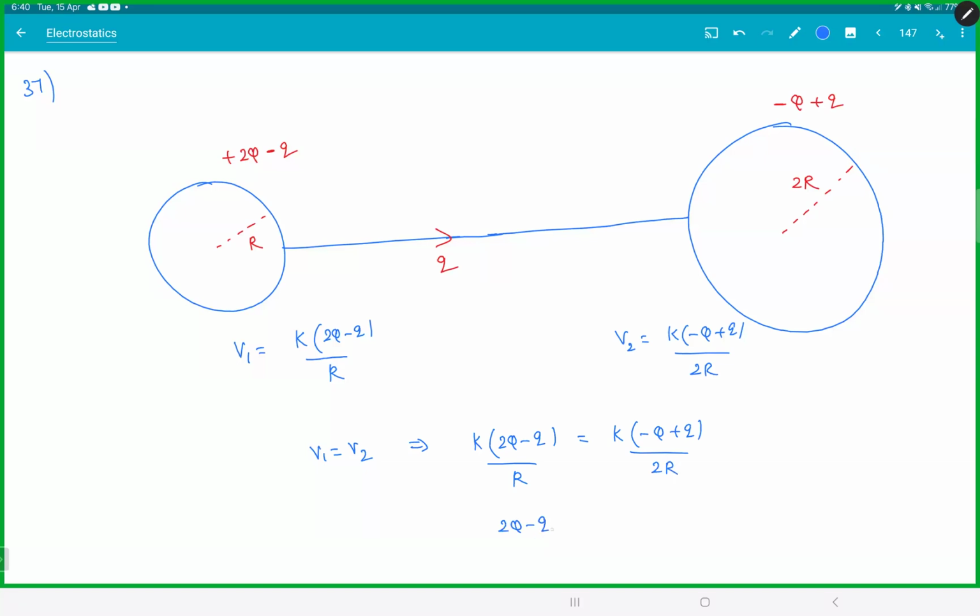I'll get 2q minus q is equal to, cross multiply, 4q minus 2q is equal to minus q plus q. q will be 5q by 3. So if I take this and substitute here, this will be q by 3 and this will be 2q by 3. There, that is your final charges.